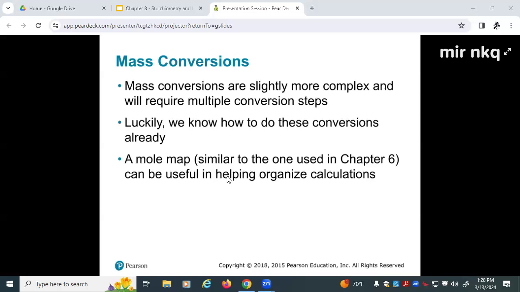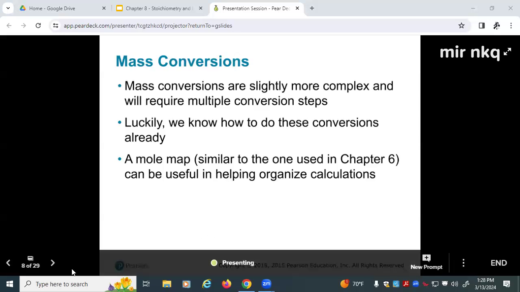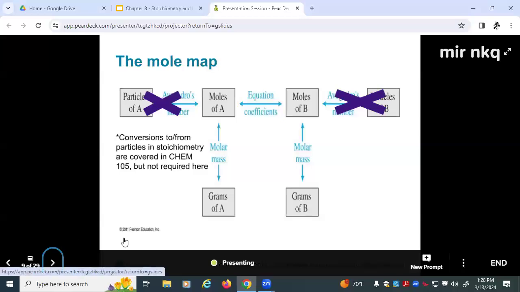The only thing that we were missing was that bridge in the middle that allowed us to go from one substance to another. But now that we know that we can use the balanced chemical equation to do that, it should be a lot easier for us to visualize what that looks like. We just have to do the same kind of calculation that we just did. So let's dive into this.